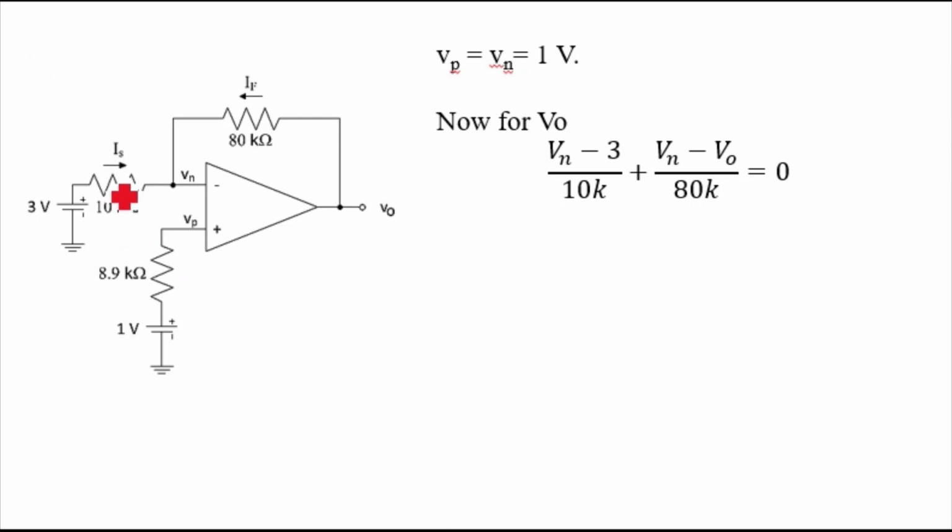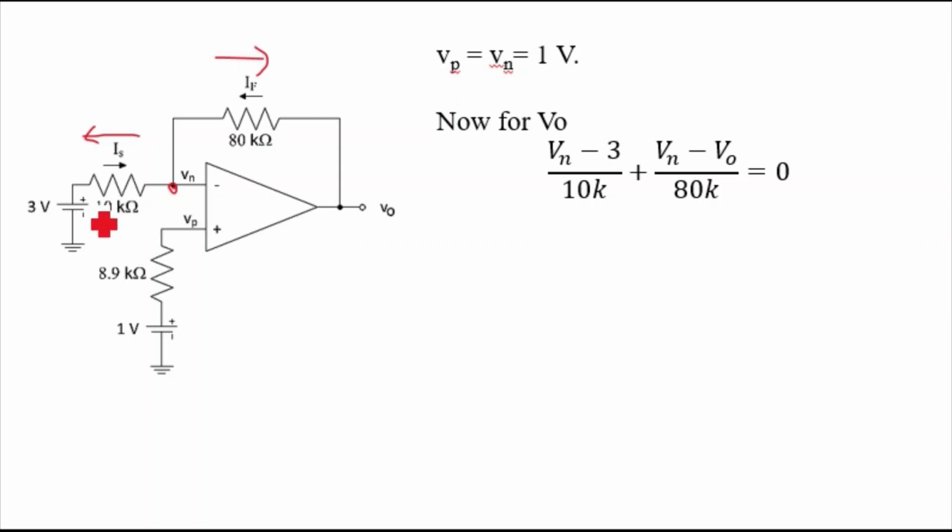Although the current here is shown going inside, since I am following the same procedure, for any node I consider all the currents outgoing. So I am going to apply nodal analysis at node n.